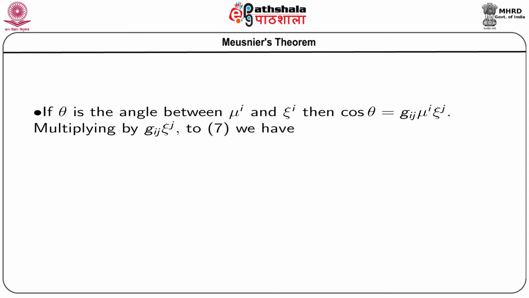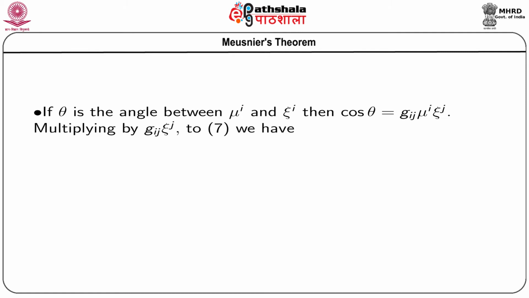Now, according to the statement of the theorem, if theta is the angle between mu i and xi i, then cos theta equals g ij mu i xi j. Now, we know that both mu i, that is the principal normal vector, and xi i, that is the surface normal vector, are unit vectors. So, cos theta can be defined in this way: cos theta equals g ij mu i xi j.